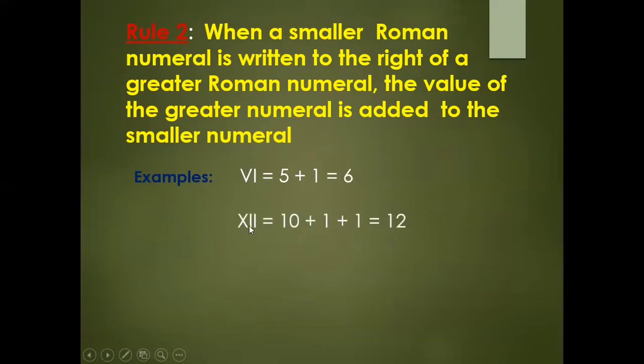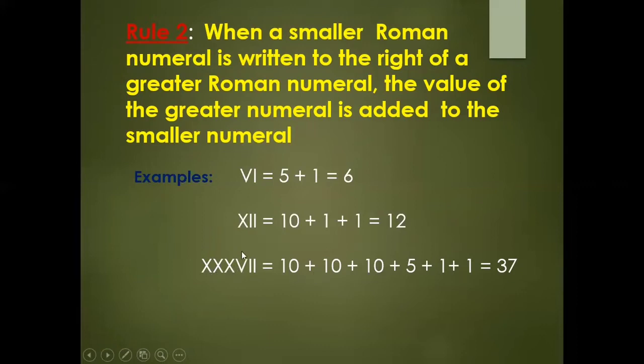Again, I is smaller than X. That is why I would be added to X, that is 10 plus 1. Again I is added, so plus 1, that will become 12. Now XXXVI. So this is following the first rule, that if the numerals are repeated, we'll have to add, that is 10 plus 10 plus 10.